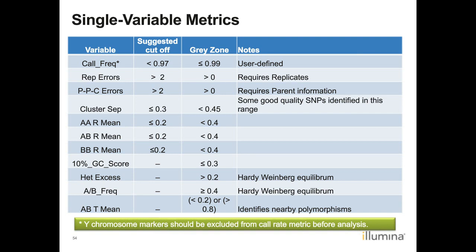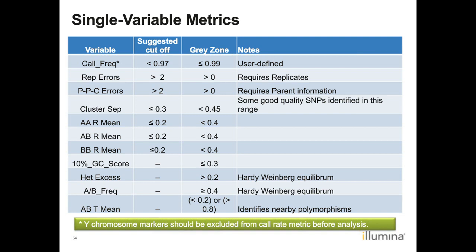Cluster step is another parameter that I find very useful. As I mentioned before, that tells you how much the ovals that define the clusters overlap. And the lower the score, the worse those ovals are and the more overlapping they are. So you can look for low-scoring cluster step SNPs. There are lots of other parameters here.